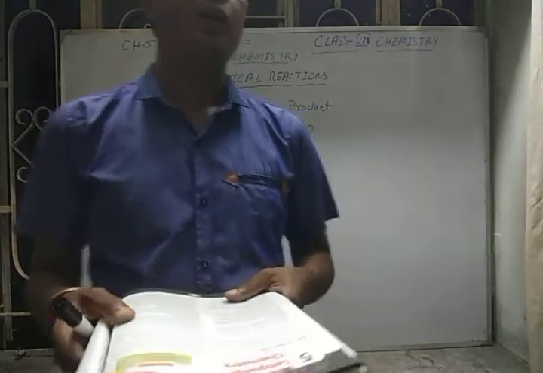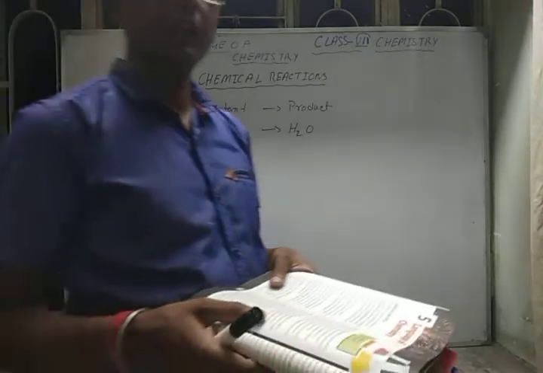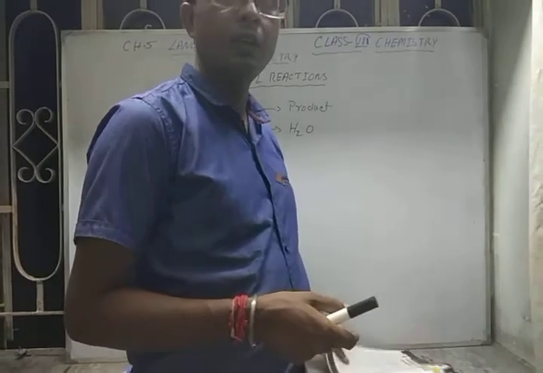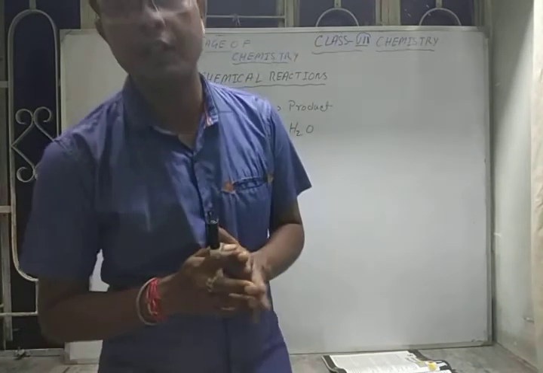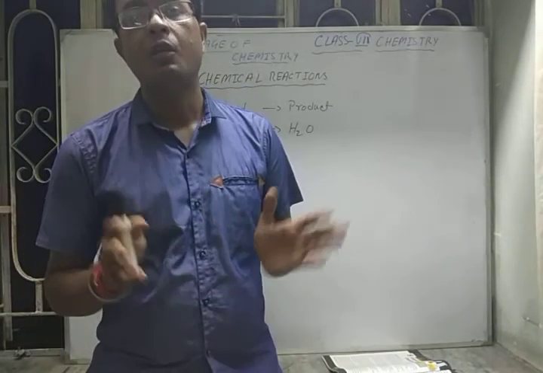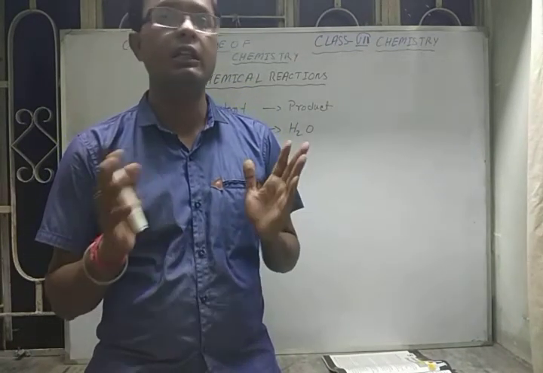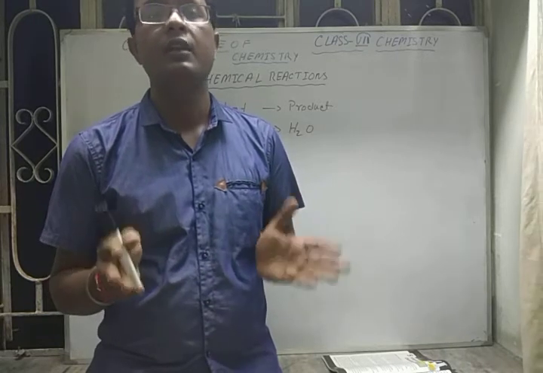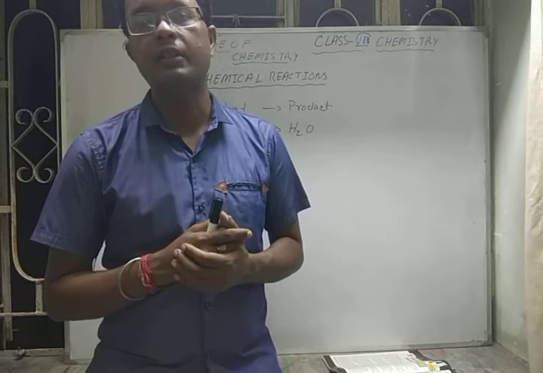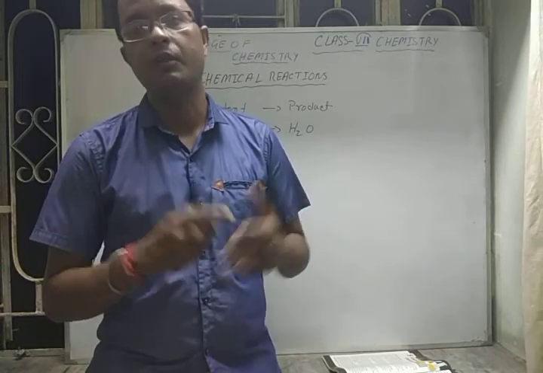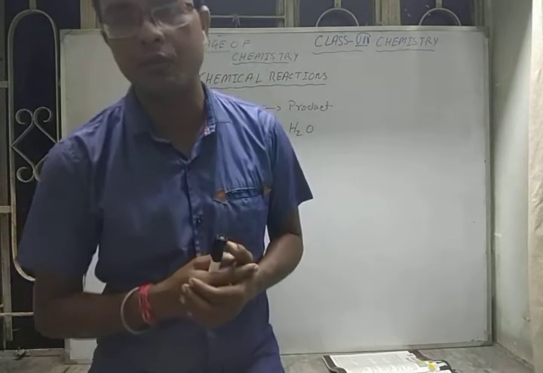So whenever one element combines with another element to form a new compound, why do they react together? They react together to form a compound because when one element reacts with another element, they have to become stable. Electrically, an atom of an element is stable, the number of electrons being equal to the number of protons.